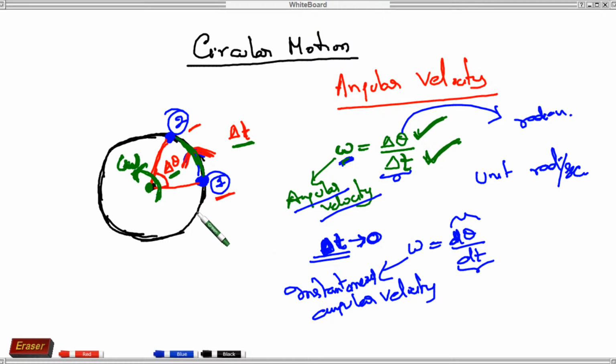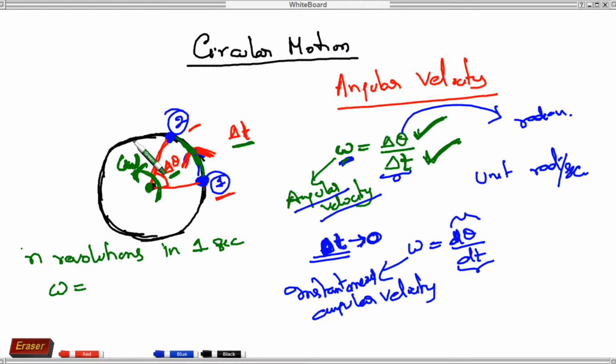Suppose a particle makes n revolutions in 1 second. If it is given that the particle makes n revolutions in 1 second, what would be the angular velocity?